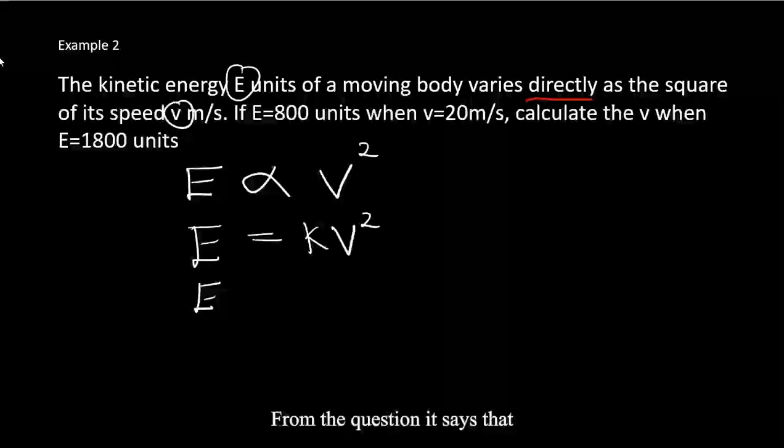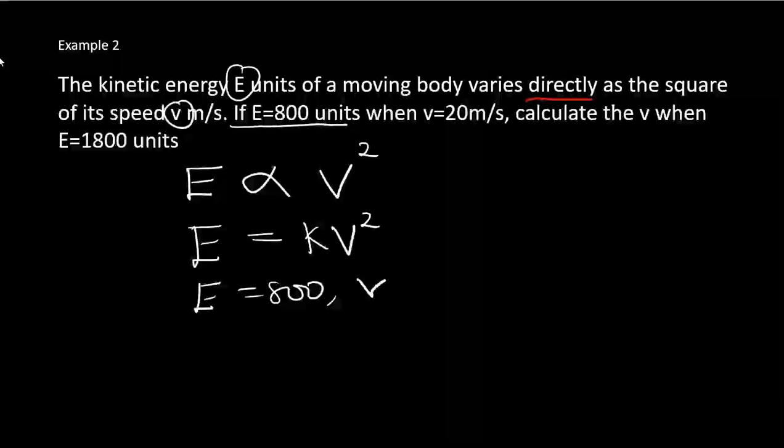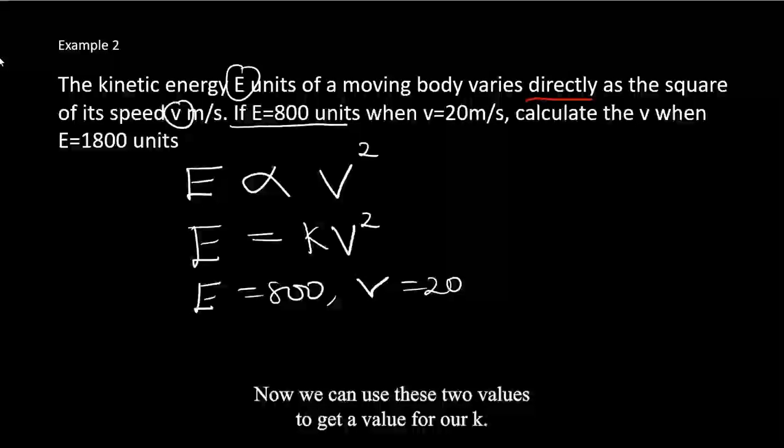From the question, when E is equal to 800 and V is equal to 20 meters per second, we can use these two values to get a value for K.